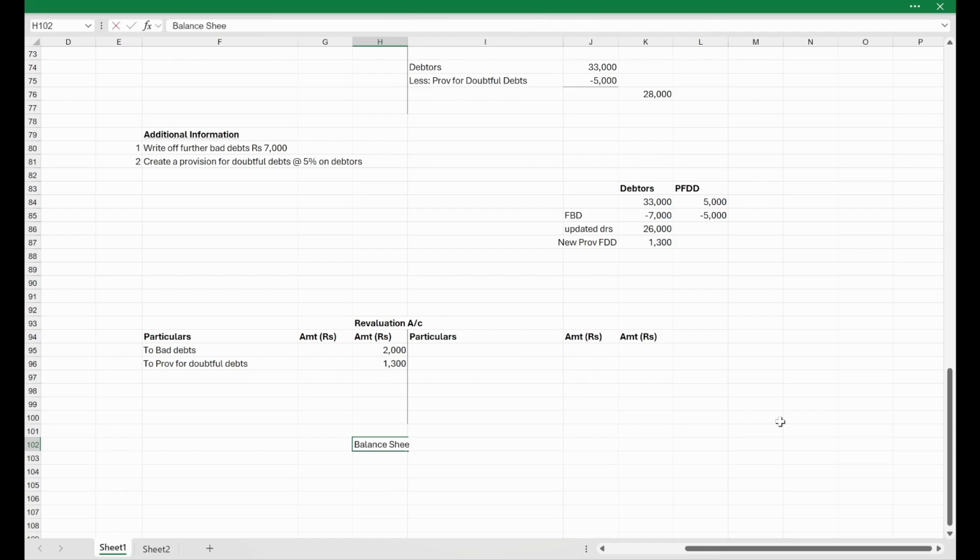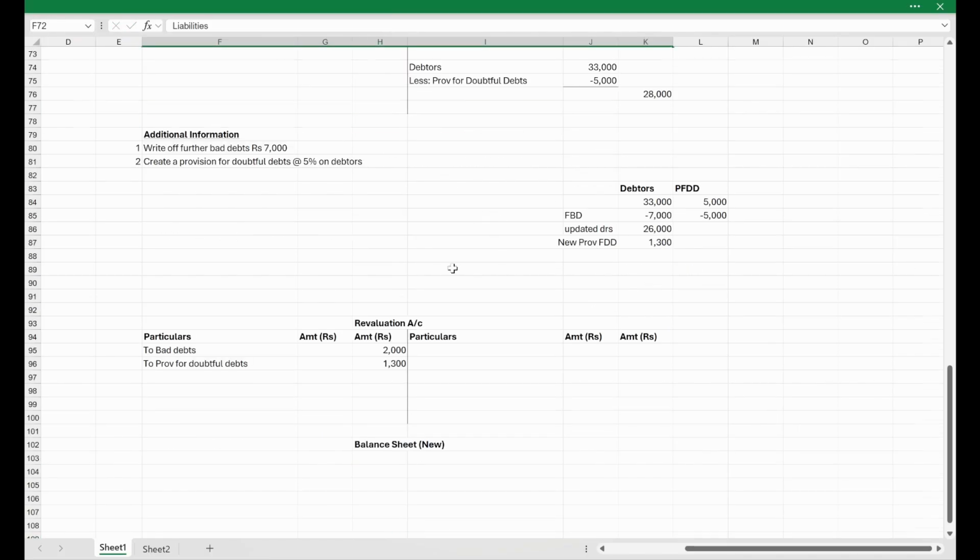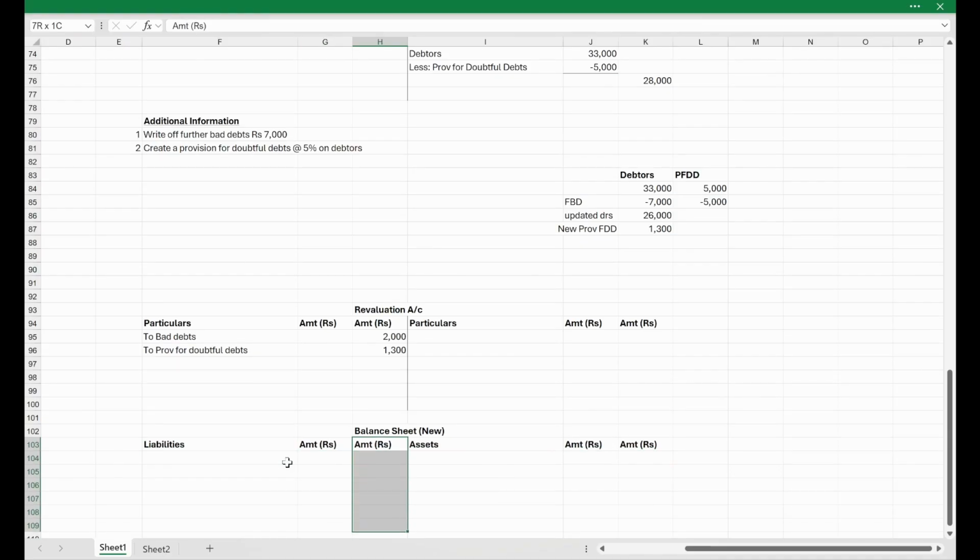Now let us see how the new balance sheet is going to be, how we account these in the new balance sheet. As usual, we will start with debtors, the old balance sheet value 33,000. Then we subtract the entire adjustment bad debts of 7,000.